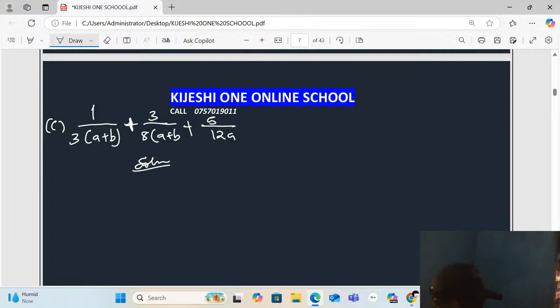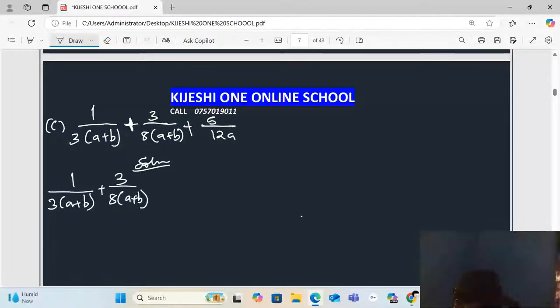Now let us look at the solution. Someone may wonder how you are going to solve this. Let me show you. We have 1 over 3 into (A plus B), plus 3 over 8 into (A plus B), plus 5 over 12A.